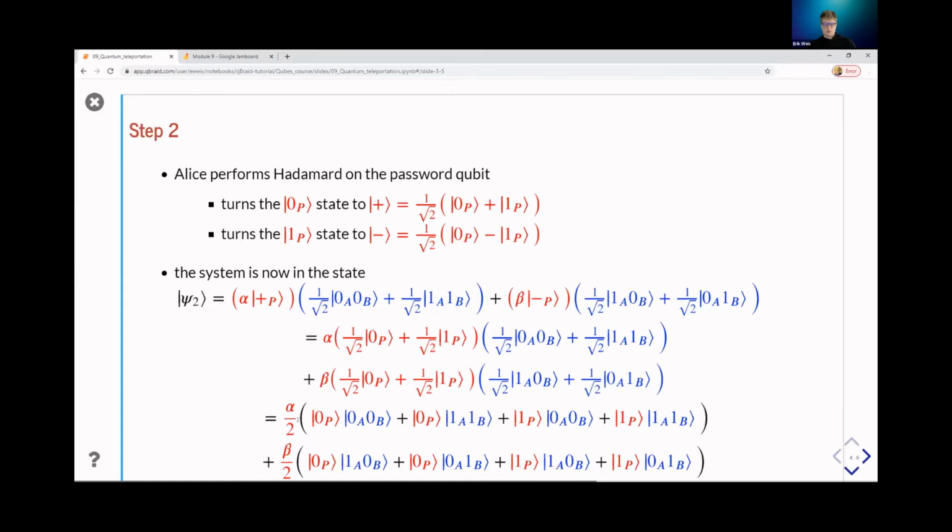We have alpha over 2 times all 4 of these combinations plus beta over 2 times all 4 of these combinations. Is it clear how this comes about? Because this is probably the hairiest operation of it all. Let me know if you want me to explain it again.